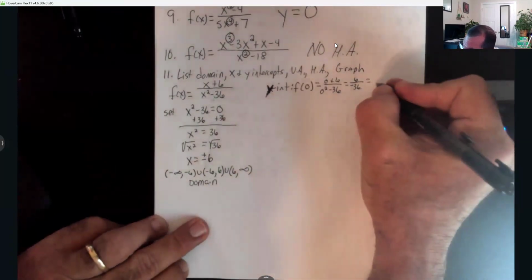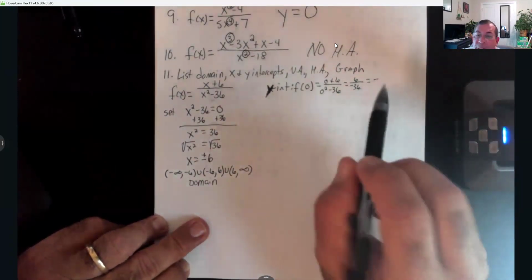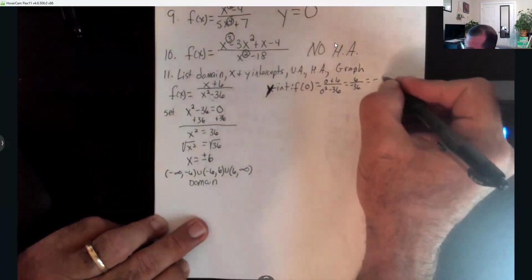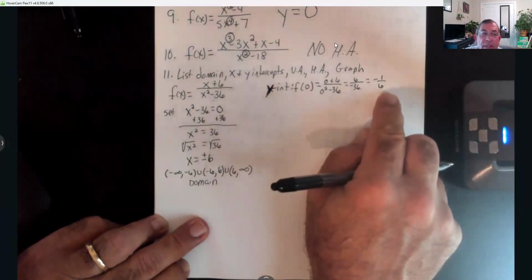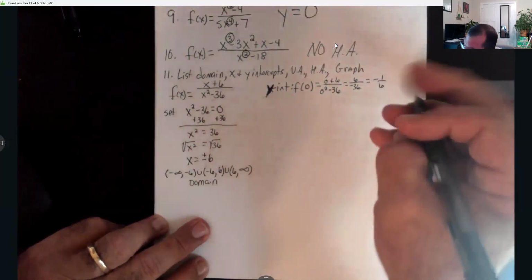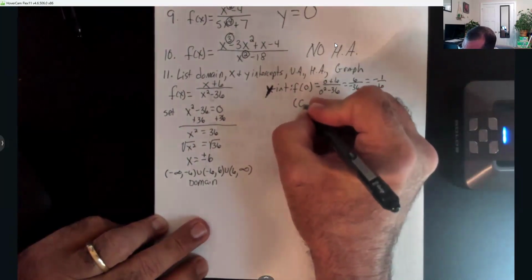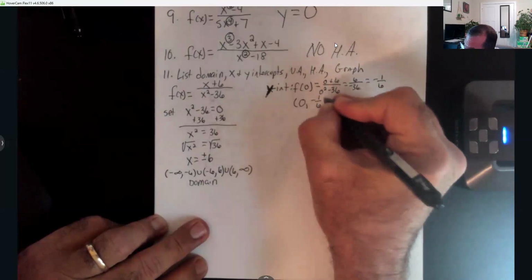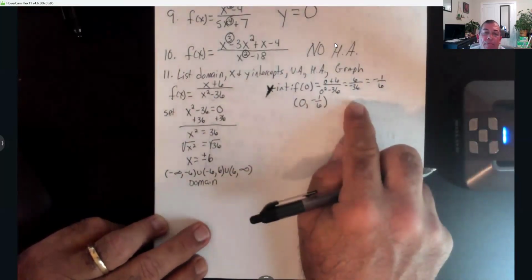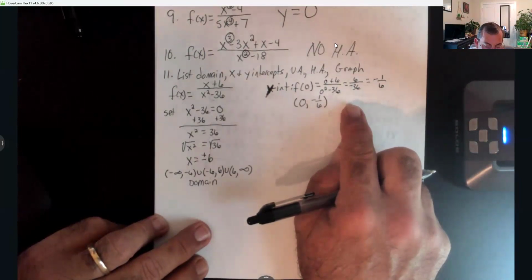And y'all, that will reduce, since 6 and 36 are both divisible by 6, to -1 over 6. So this is the y-intercept, and it actually equals 0 for the x and -1/6 for the y value.